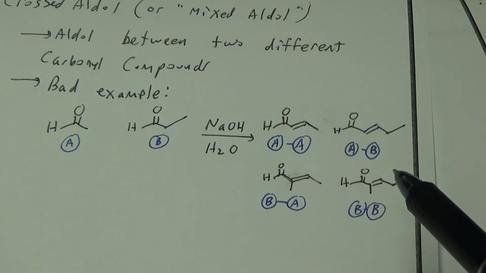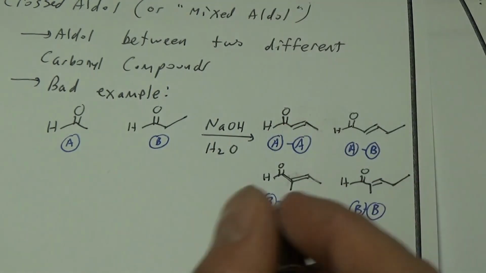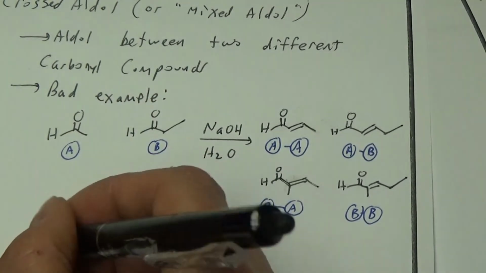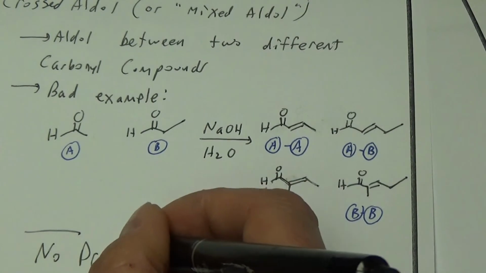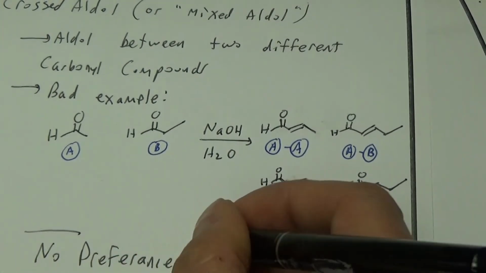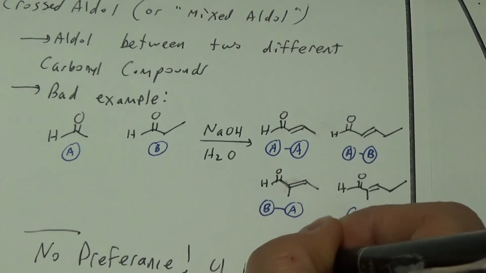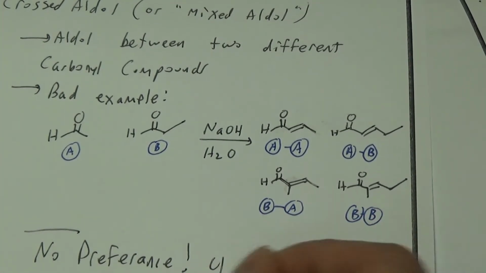That's usually not what you want. That's why it's a bad example. All right, so the problem here is there's no preference. Four products are formed, and that's usually undesired, right?